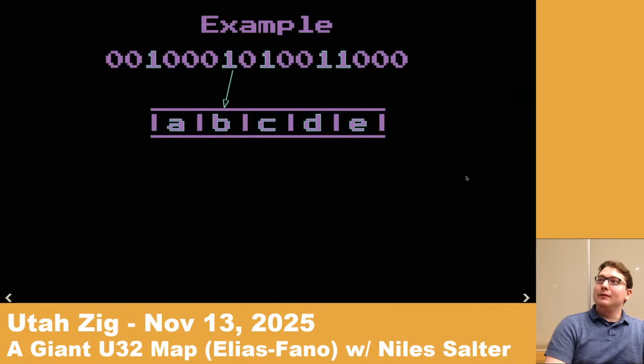So we have a universe that represents all possible U4s. But are we still talking about an IP address? We're talking about a giant map. First I'm talking about a mini IP address.